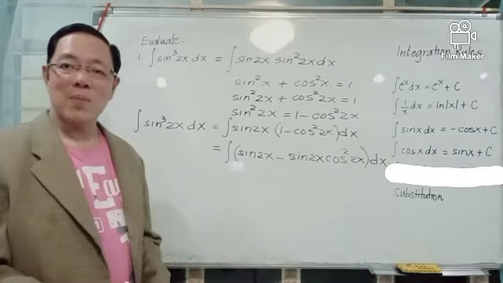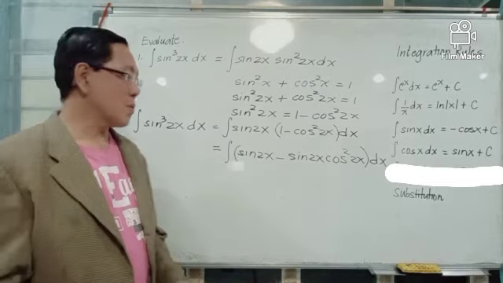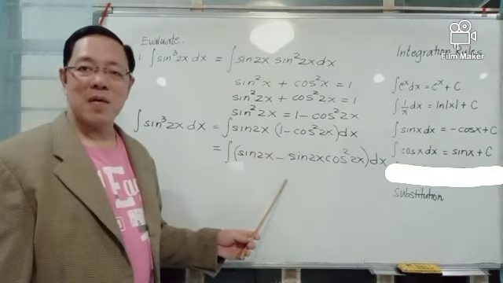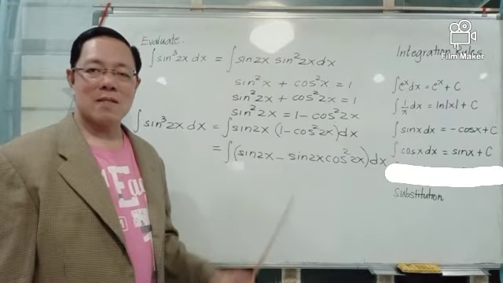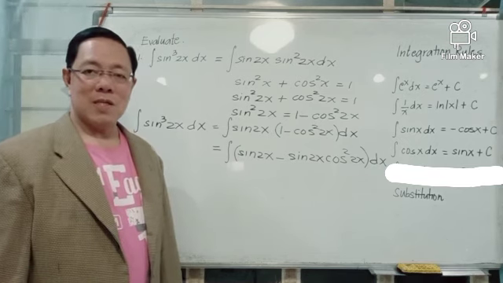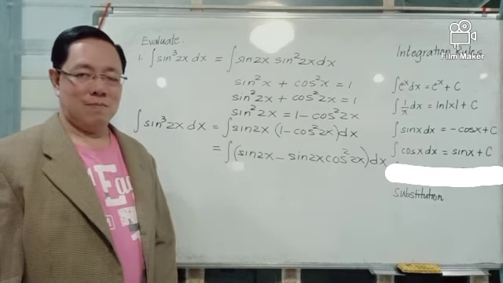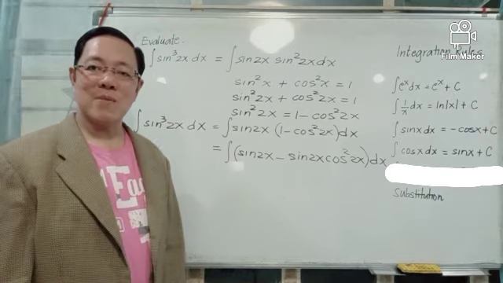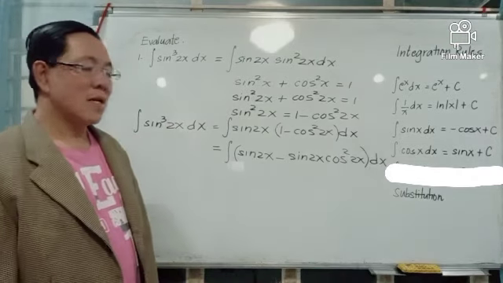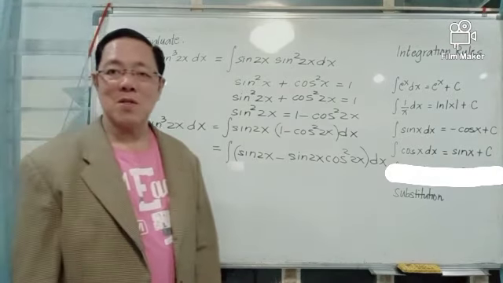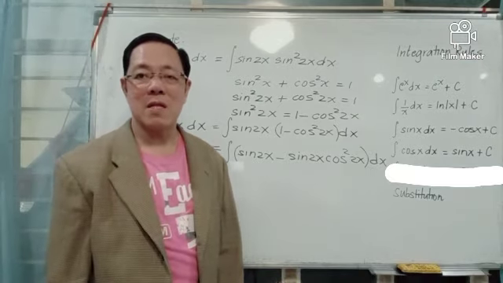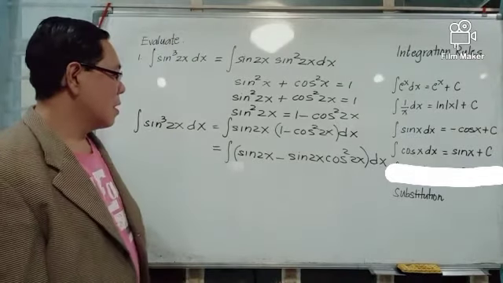Now we apply another integration rule for the integral of a difference, which says the integral of a difference is equal to the difference of the integrals. The integral of the difference of two functions is equal to the difference of the integrals of the two functions.